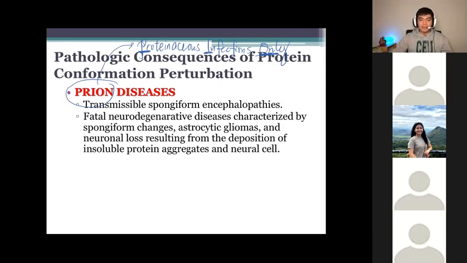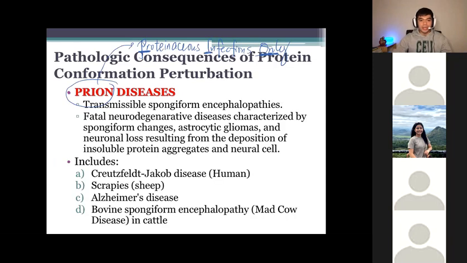So halimbawa, kasali sa prion disease ang Creutzfeldt-Jakob disease, which affects the humans, scrapie affecting the sheep. Okay? And then we have mad cow disease in cattle. Ang Alzheimer's disease ay separate form siya pero prion din siya. Okay? Pero prion disease din siya. Theoretically or hypothetically, let's say.